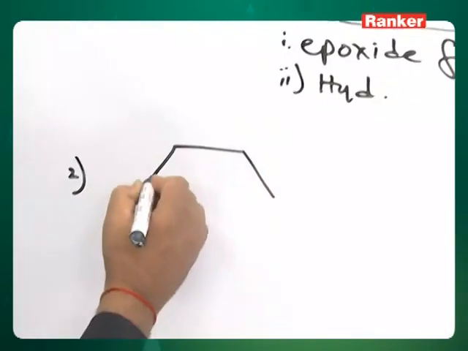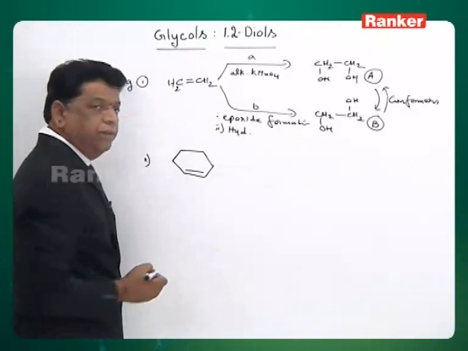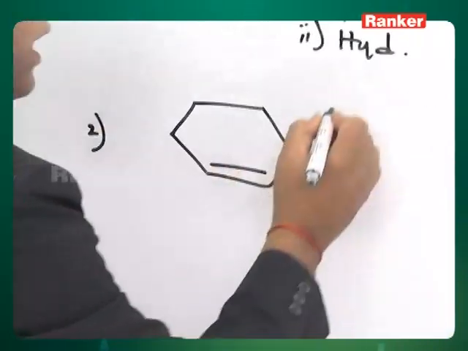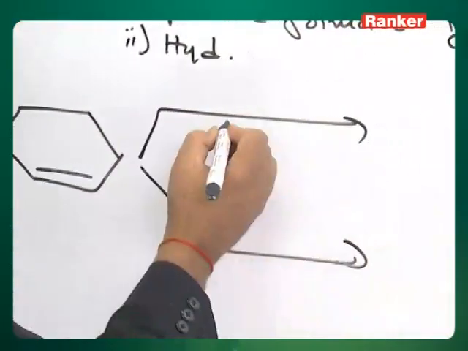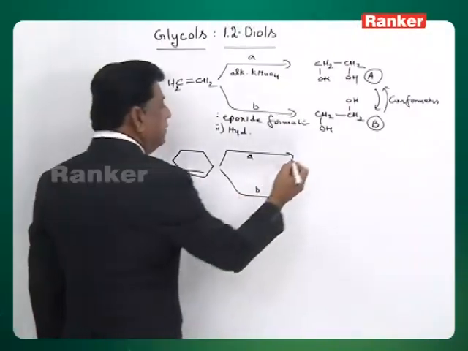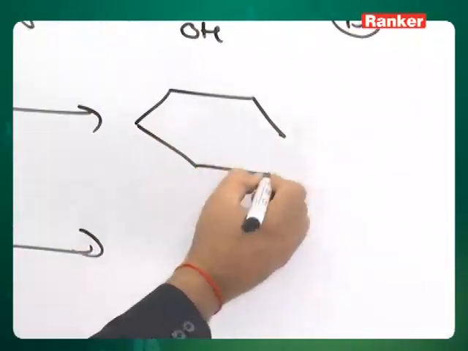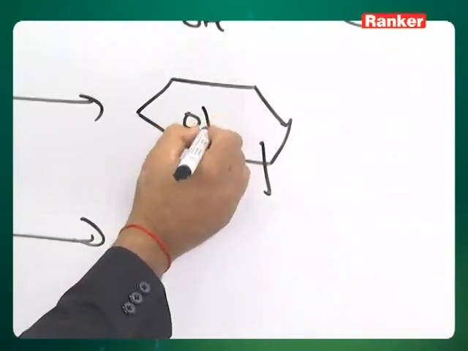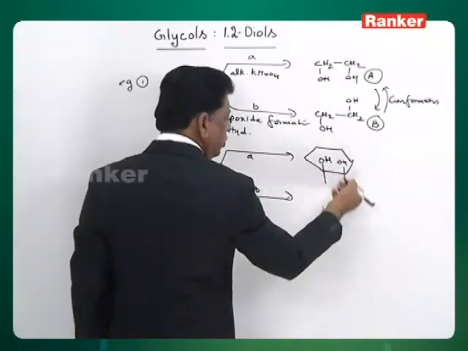In example 2, let us take an alkene like cyclohexene, and apply the same reagents A and B. What happens? In the first case, the 2 OHs will be on the same side, either up or on the lower side.